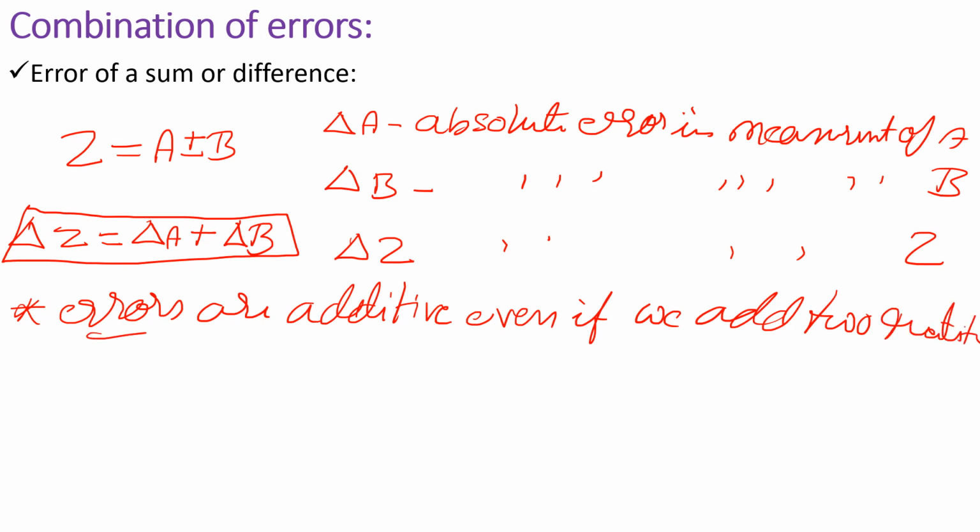But remember, errors are always additive. That is, delta Z is always equal to delta A plus delta B. It may be Z equal to A plus B or A minus B, whatever the case. In both the cases, the error gets added up only.